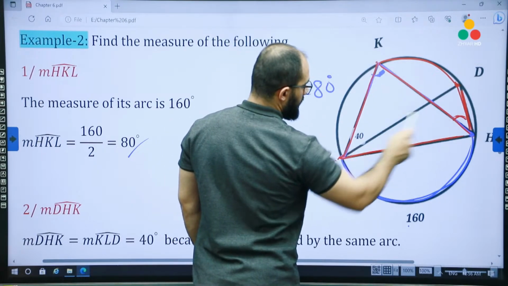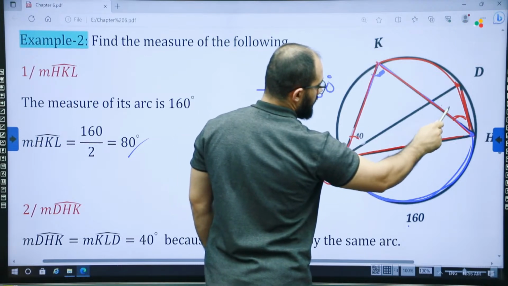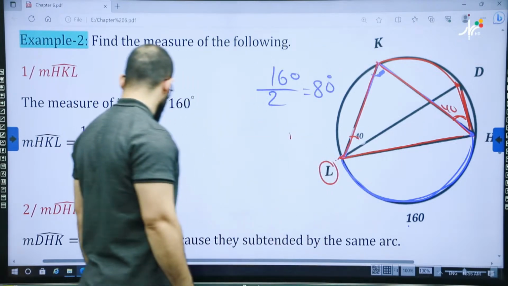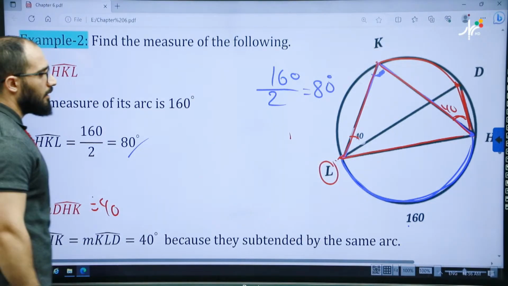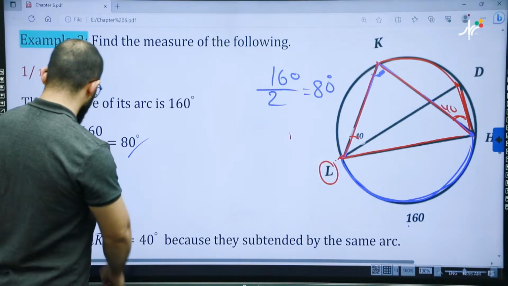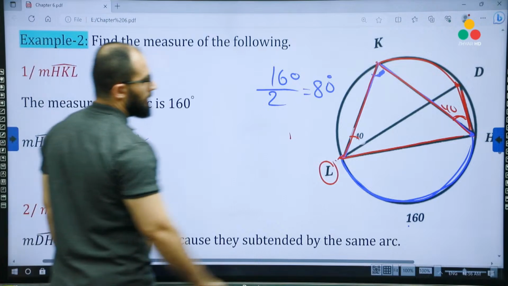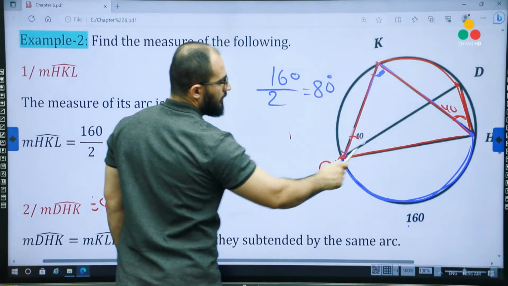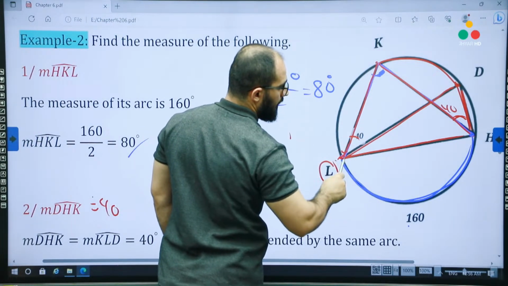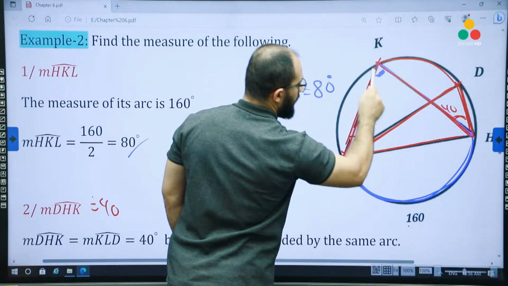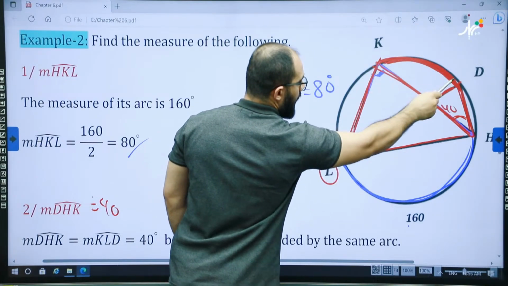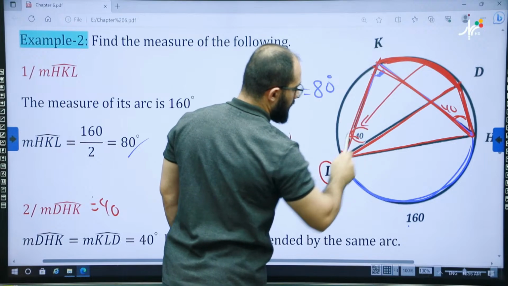So they have the same arc. That's why the measure of DHK is equal to 40. Why? Because KLD and DHK have the same arc, so their measures are equal.